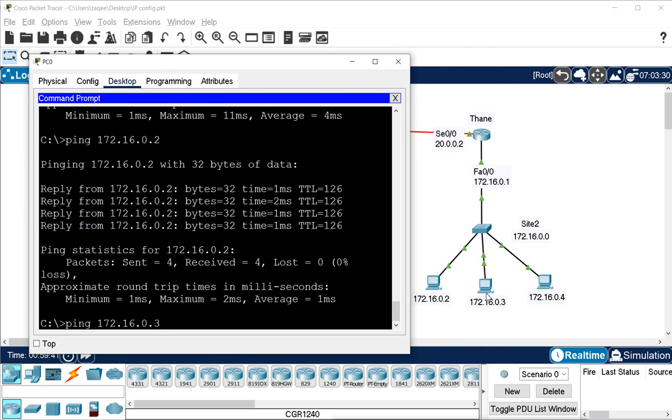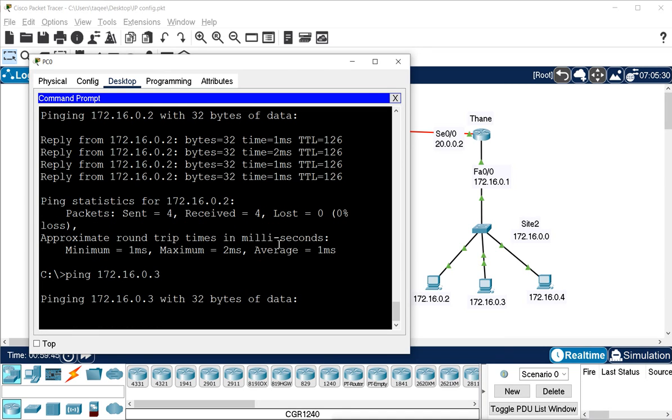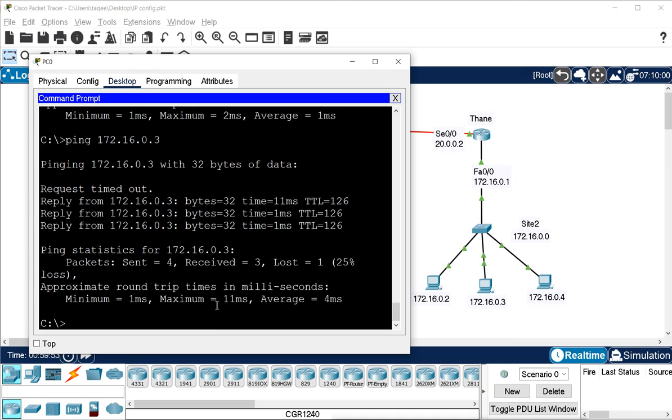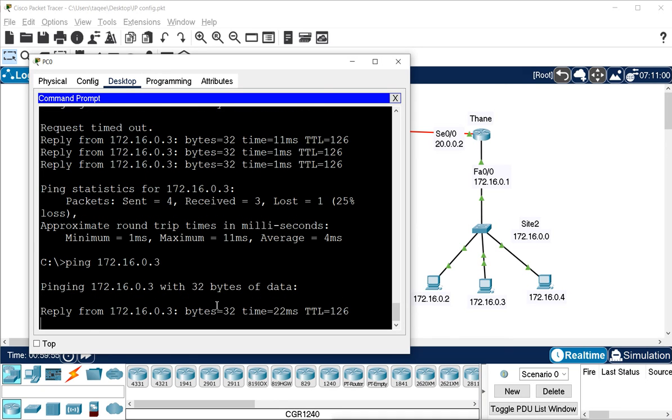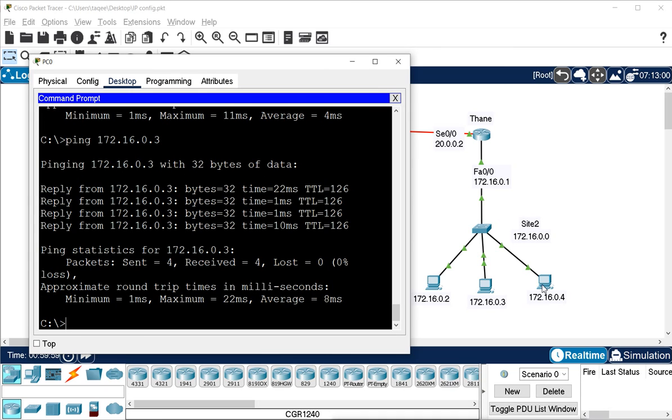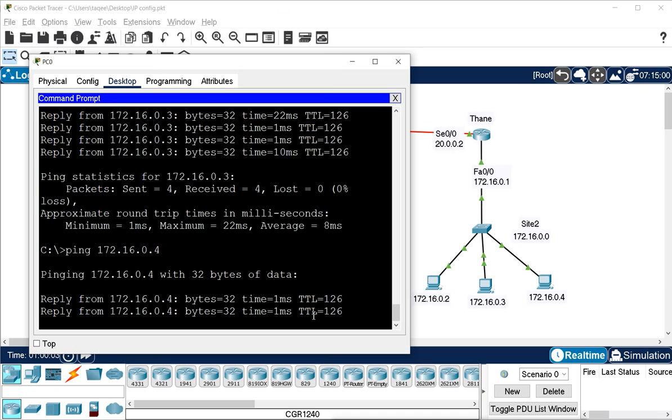Again the first packet will be lost, but after that it will not lose any other packet. Only the first packet we lose. Then I will try to ping this one also. We will also get the reply.